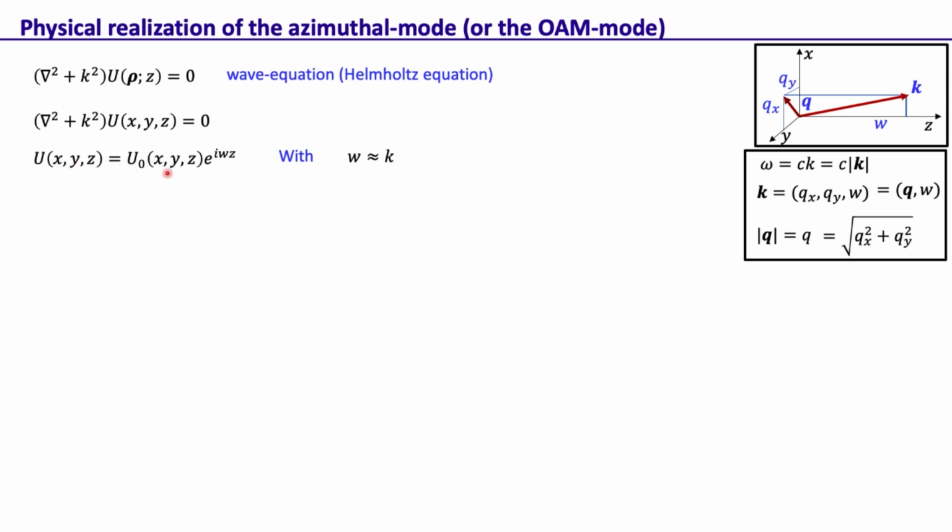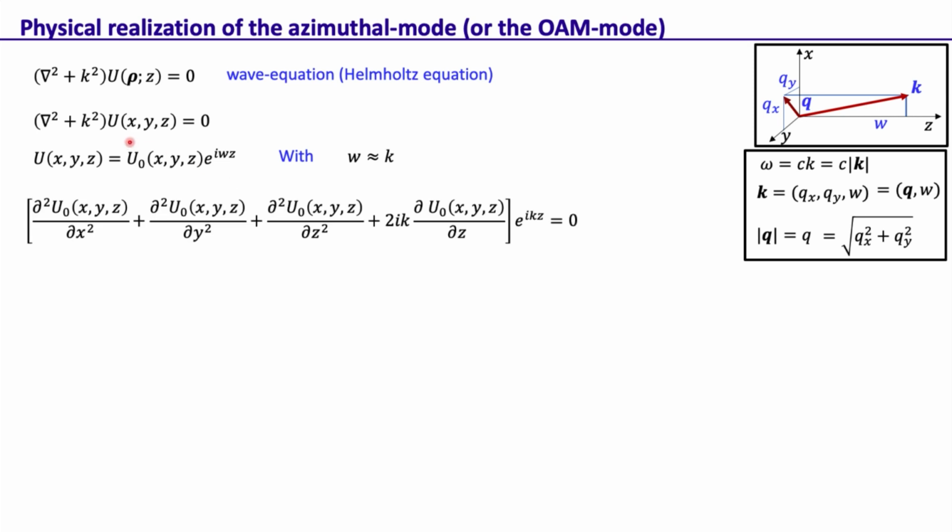That means the fastest variation with Z is of the form e to the i omega Z, and there is also some other Z dependence, but that's a very slow dependence. So if U x y z is of this form, then we can write this Helmholtz equation like this. In writing this equation, we have used the fact that omega is almost equal to k. So when we write this del squared, that's del squared by del x squared, del squared by del y squared, and del squared by del z squared.